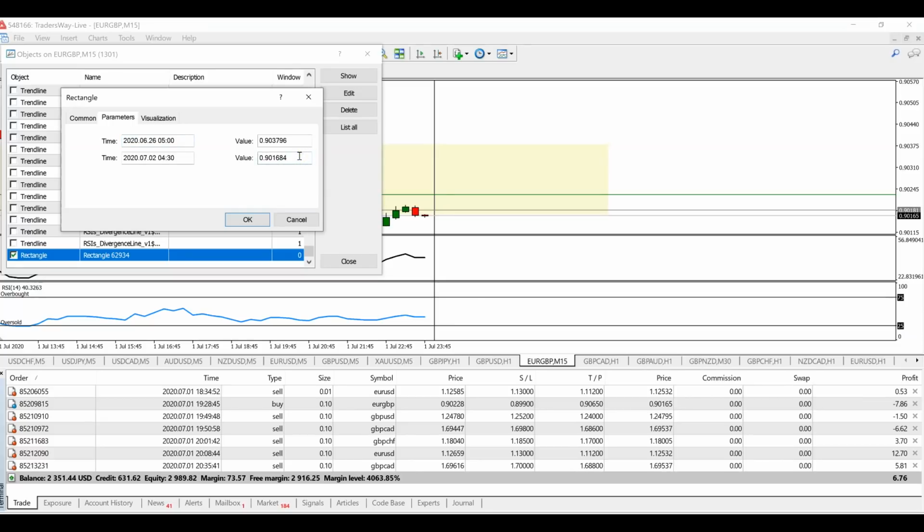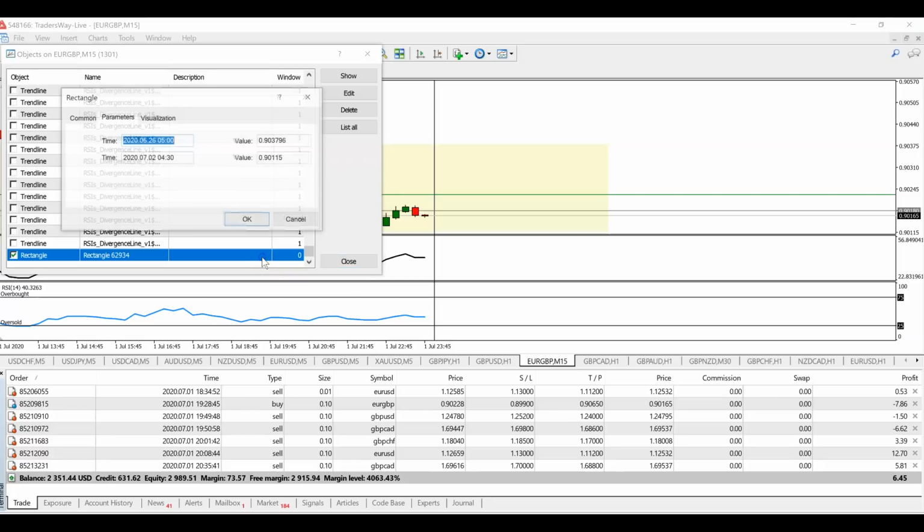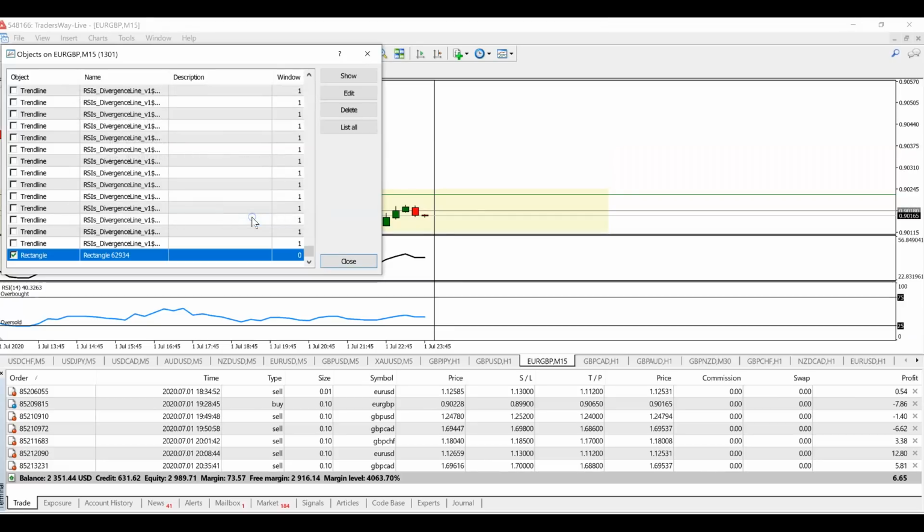I'm gonna bring that down a little bit to about the 1.5 area. Boom. And then we're gonna bring that down a little bit to about the 245 area.